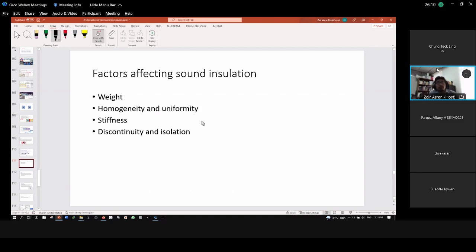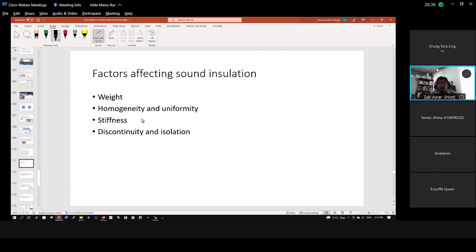And of course, to insulate, we have to ensure that everything is as homogeneous as possible, because if there is a certain area within the partition that is not effective in insulating sound, the sound will transmit through that area. We can also affect sound insulation by changing the stiffness of the partition.